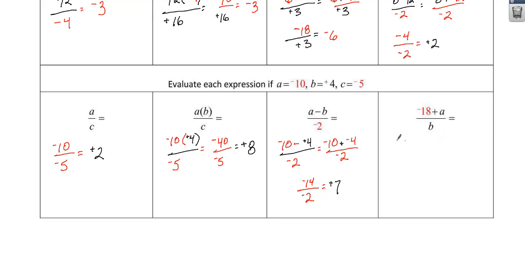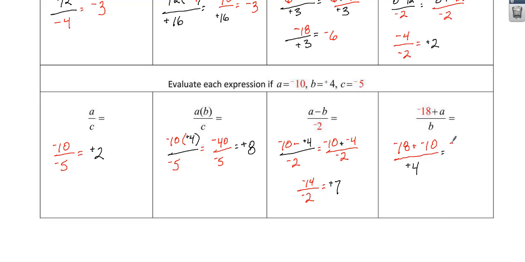All right, negative 18 plus A, which is negative 10, divided by B, which is positive 4. Well, negative plus negative, there's no zero pairs there.